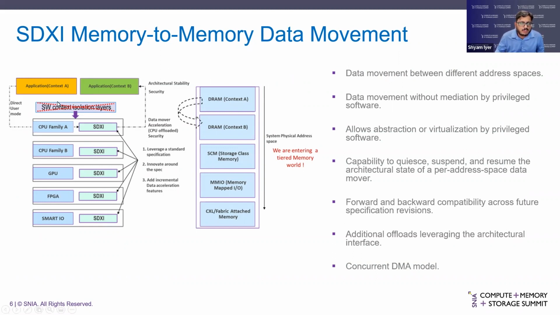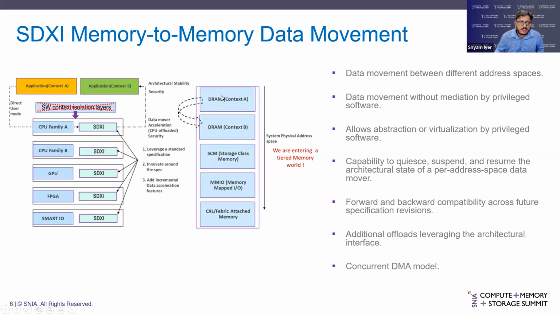It also allows the application to directly access the interface so that you don't have to traverse multiple software layers. In terms of the architecture, it will enjoy the same kind of architecture stability that you get with ISA-based instructions, and it also deals with how to manage the security of context isolation.